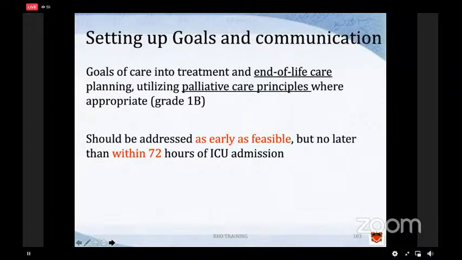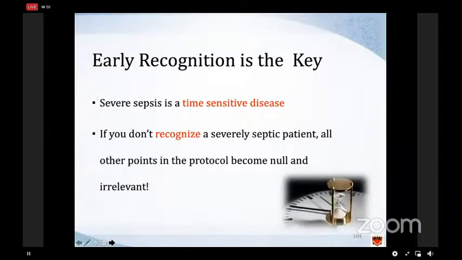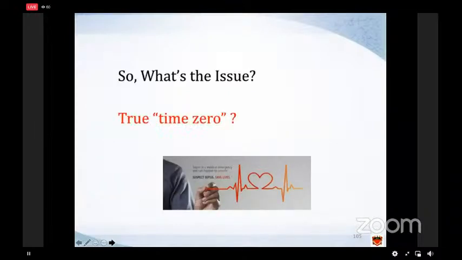And even though we don't have end-of-life care or palliative care protocols, if you are going to work in a foreign country, you may have to think about these things as early as within the first 72 hours of admission to the ICU. So you may have realized early recognition is the key for the management. So time is the factor. So diagnose it early. So what is the time zero?